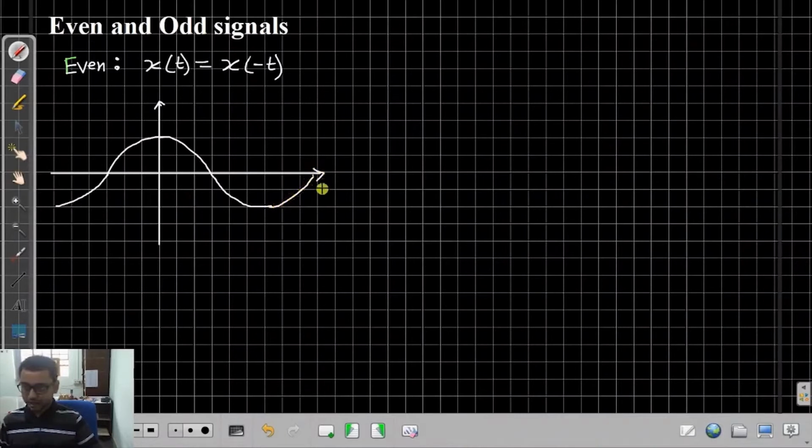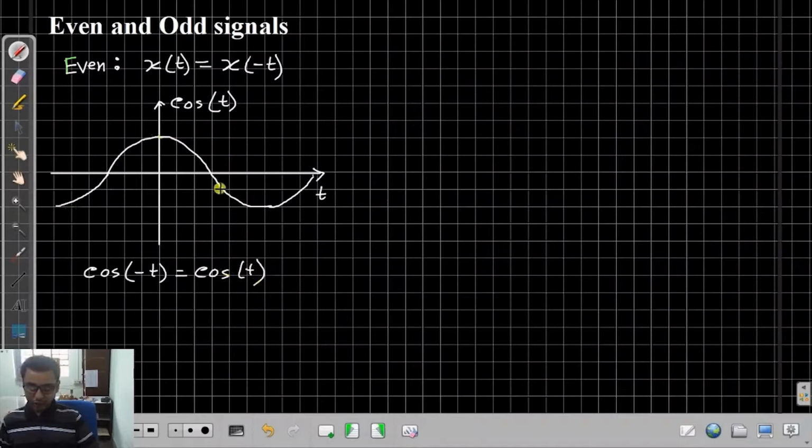This is time versus cosine t, and you see that the value at some time is the same as the value at the negative of that time. x of t is the same as x of minus t for cosine t, because cosine of minus t is the same as cosine t.